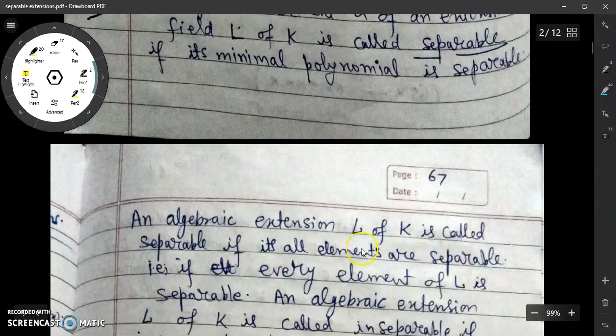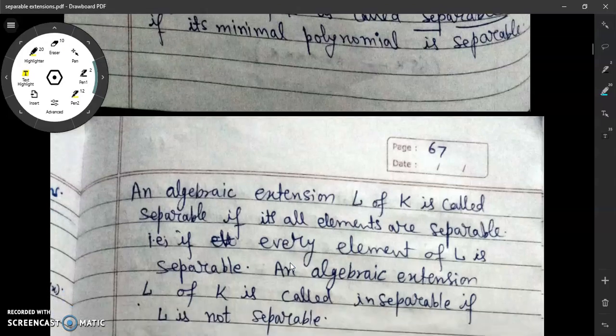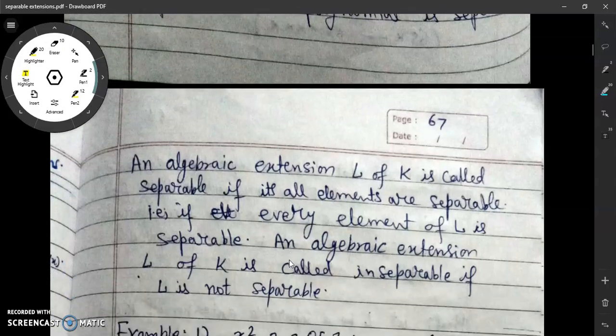An algebraic extension of K is called separable if all its elements are separable, which means the minimal polynomials for all algebraic elements are separable. And if an extension L of K is not separable, then we call it inseparable.